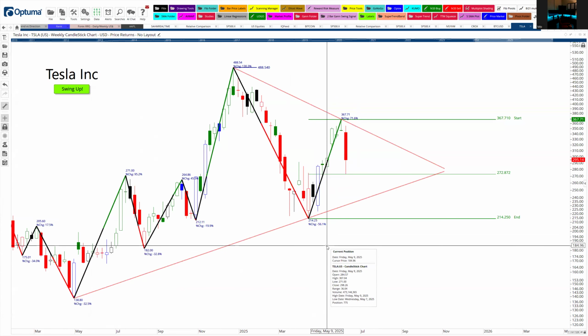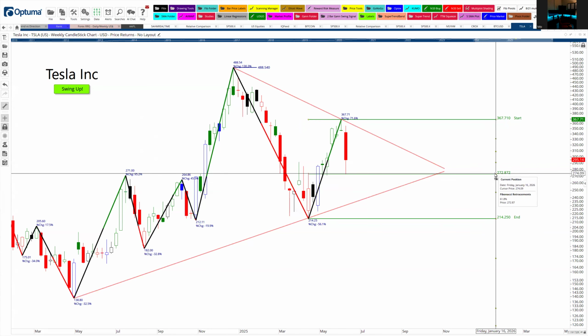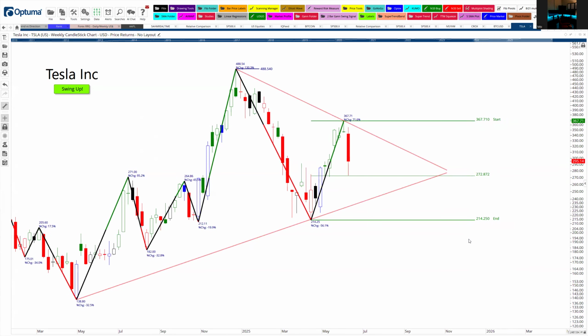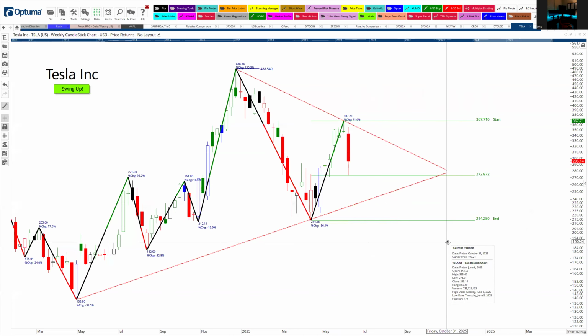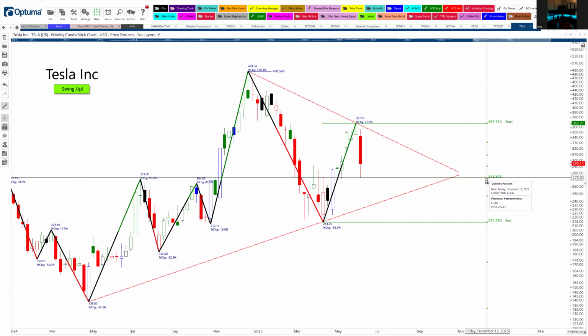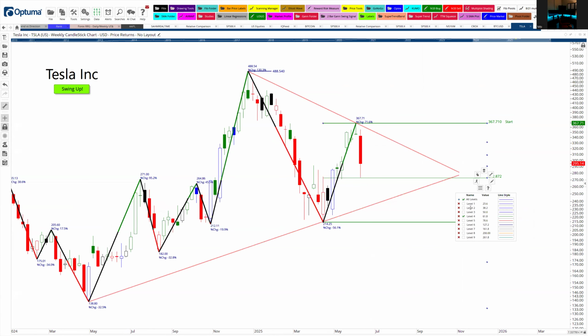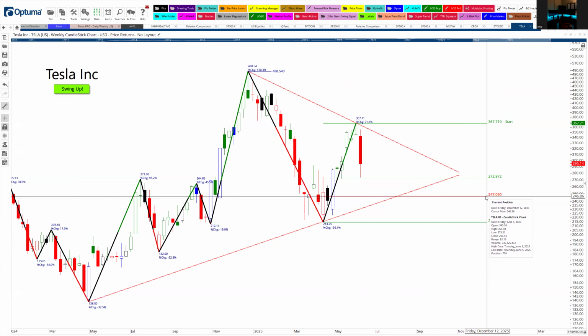So what is the plan here? From what it looks like to me, this stock is about to go into a pretty tight trading range. If this thing breaks, the next downside is 247.